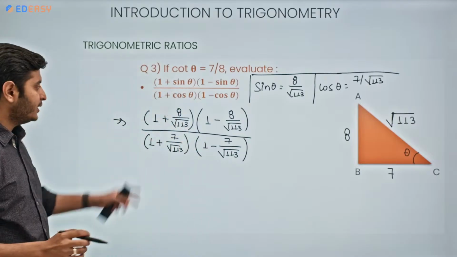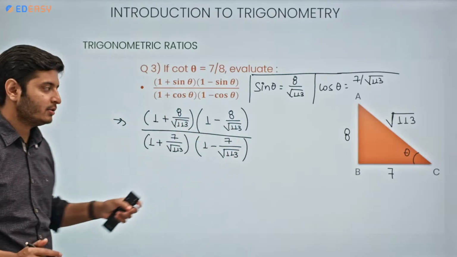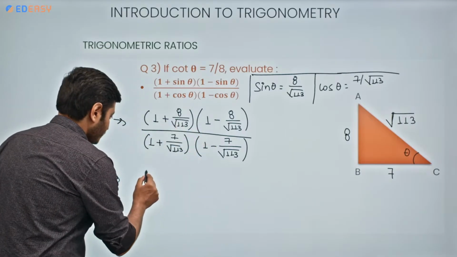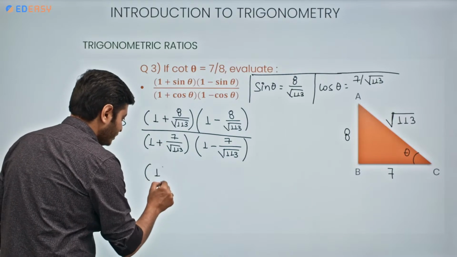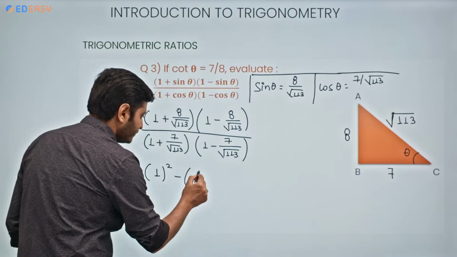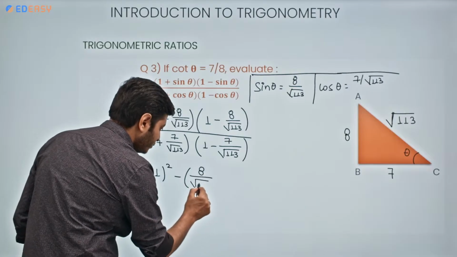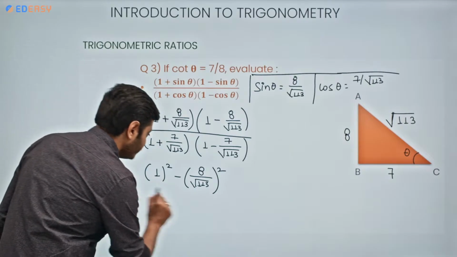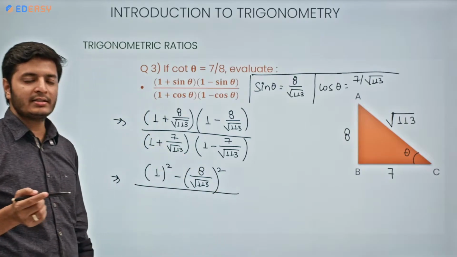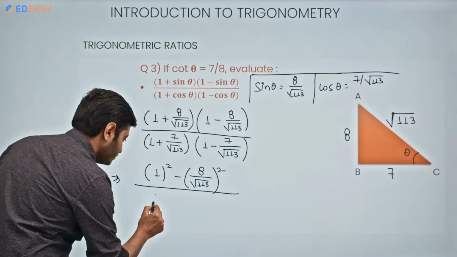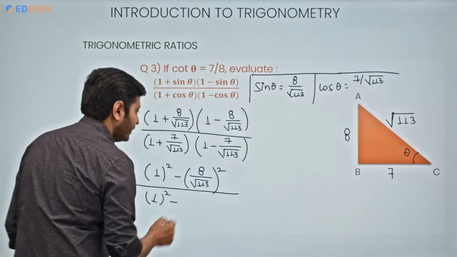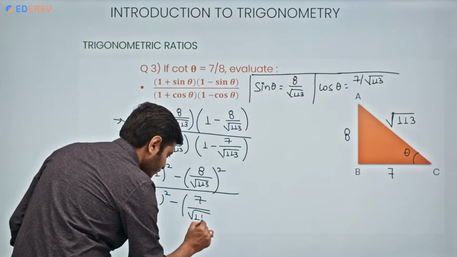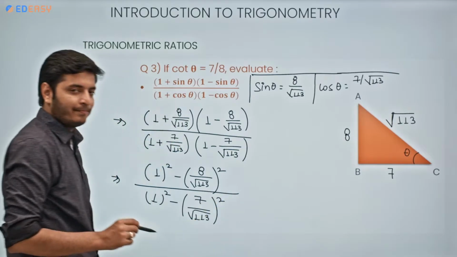Correct? Now we can apply the identity a plus b into a minus b. It will become a square minus b square. So in the numerator, that will be 1 square minus 8 by root 113 whole square. And in the denominator, again the same identity is applicable. So a square means 1 square minus 7 by root 113 whole square.